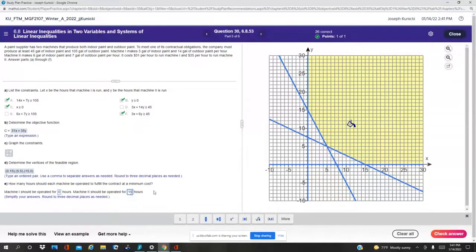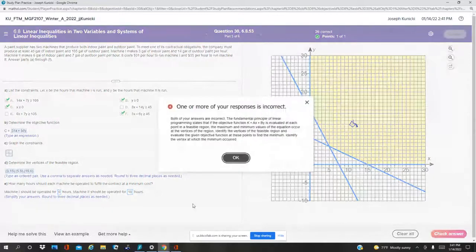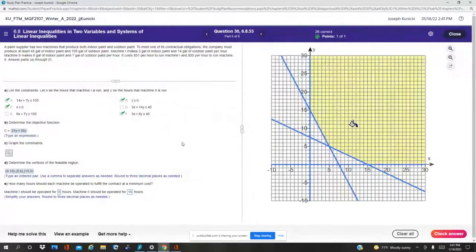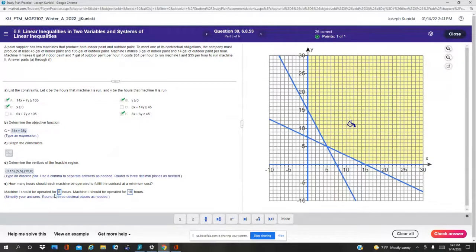That would maximize the process. Oops. Okay, I did something in error. Oh, it's a minimum. See, I didn't read the question. I thought it would be a maximum. For a minimum cost, that'll be 5, 5. So 5 hours for each would be a minimum cost.